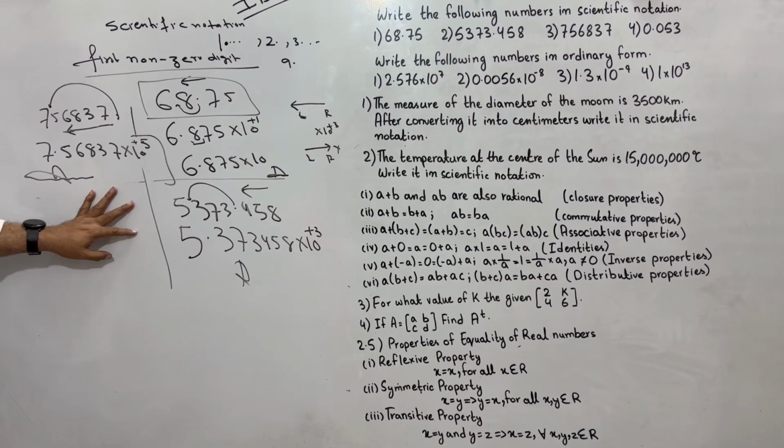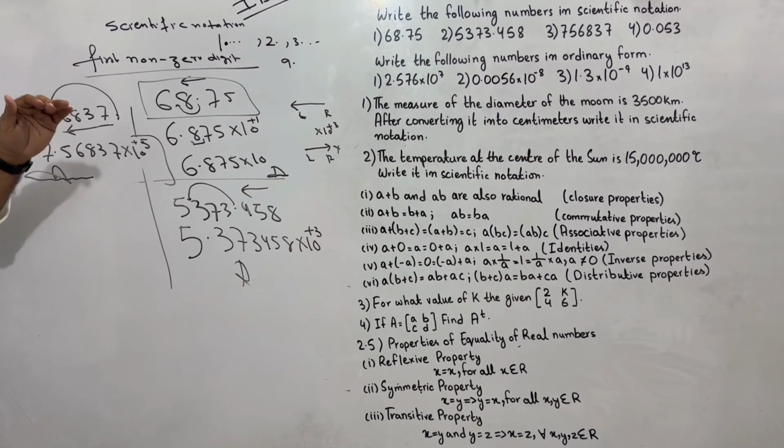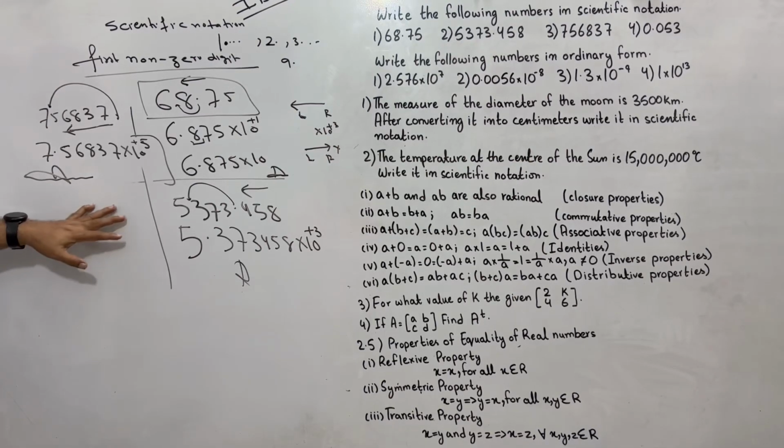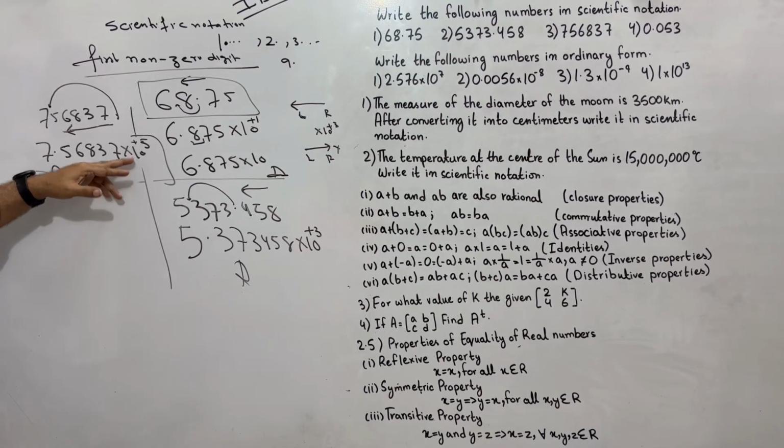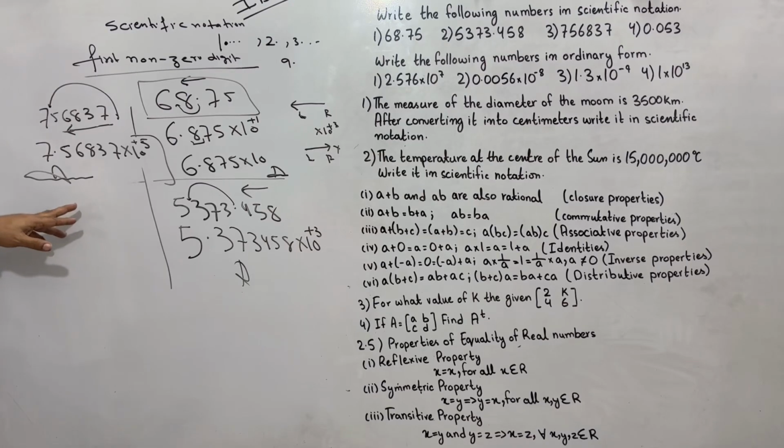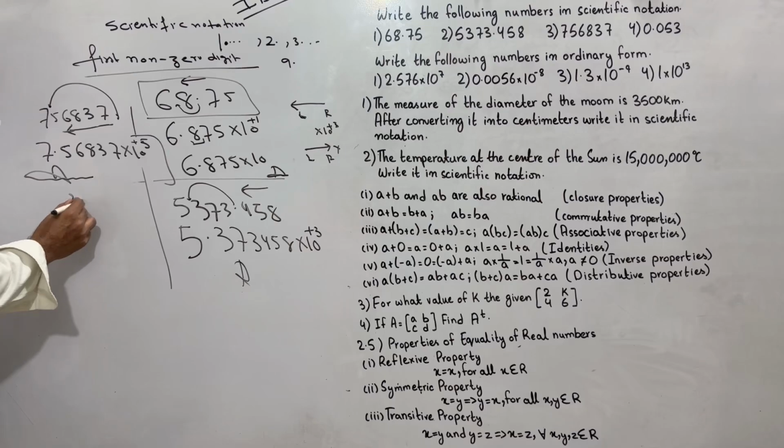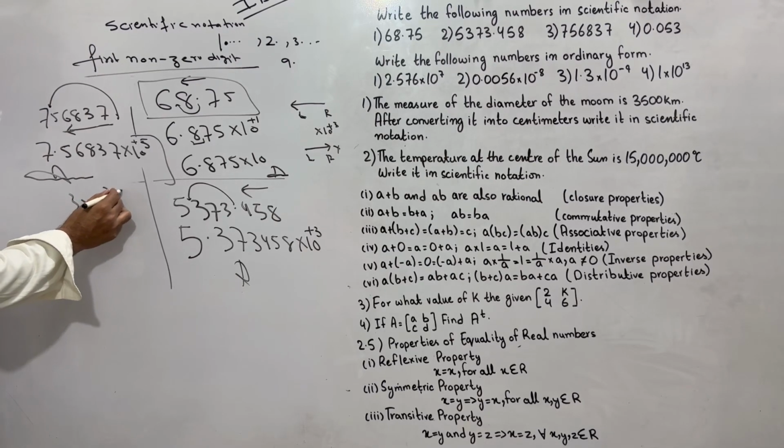scientific notation. Mostly it is used in celestial object calculations. Their distances are in light years, so it is very convenient to write in such a form. If there is 3 with 300 zeros, then it's enough to write 3 times 10 to the power 300.